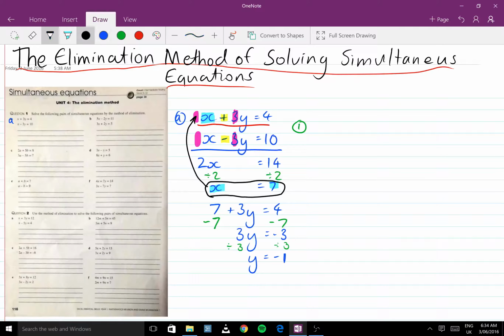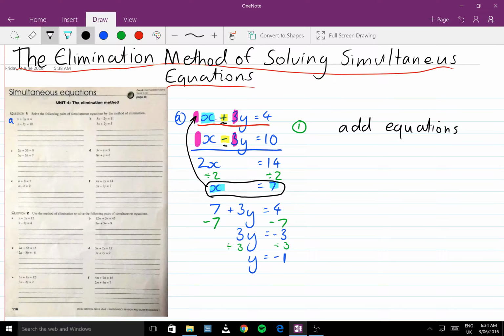Essentially, you add the equations together, and that is if there's a plus and a minus and the same coefficient.